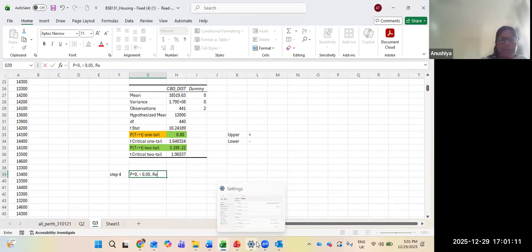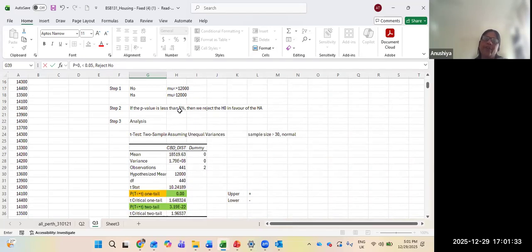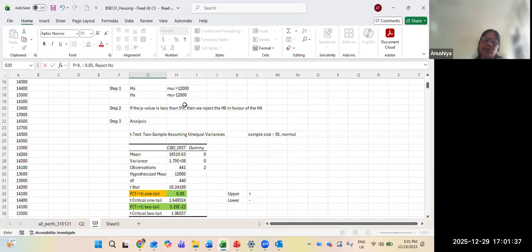Therefore, we are rejecting the null hypothesis in favor of the alternative hypothesis. Here, the alternative hypothesis is greater than 12,000, right? So we are rejecting the null hypothesis, less than or equal to 12,000, and favoring the alternative hypothesis, greater than 12,000.